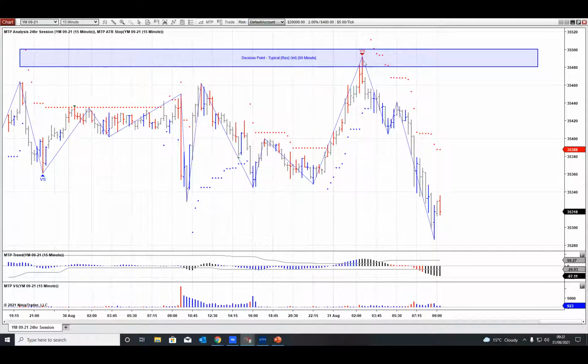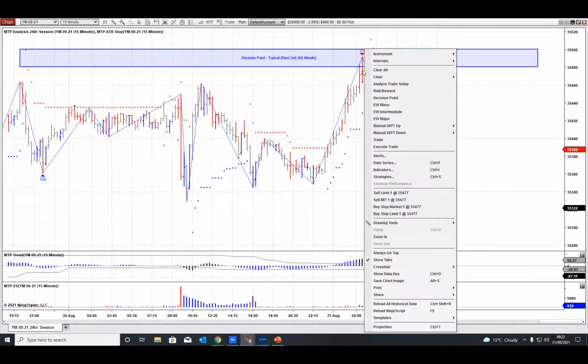But we had a MT Predictor VS sell at the higher time frame resistance with our MTP trend grey. So can you see how the setup came in at the higher time frame resistance? So a shorter time frame setup at the higher time frame resistance. Therefore, it shows that the picture started to become clear.